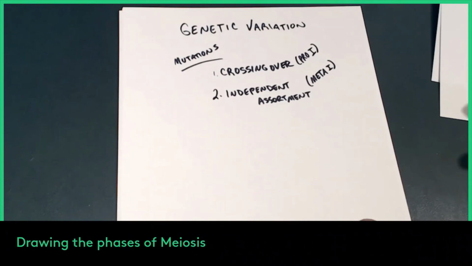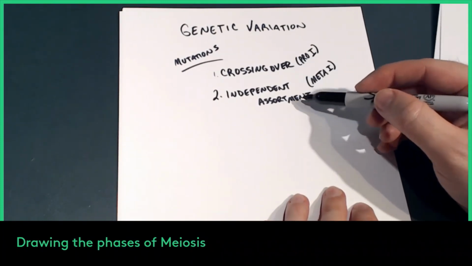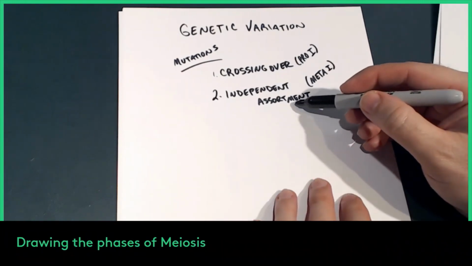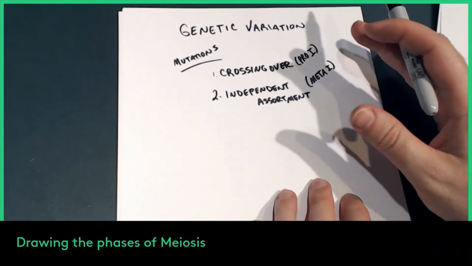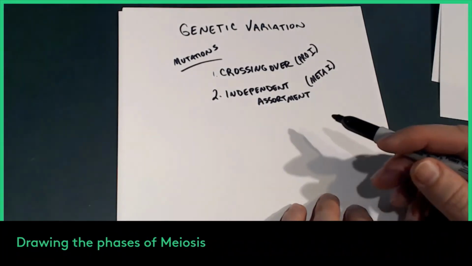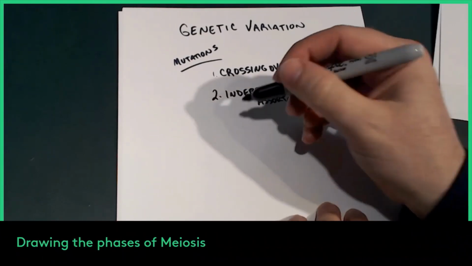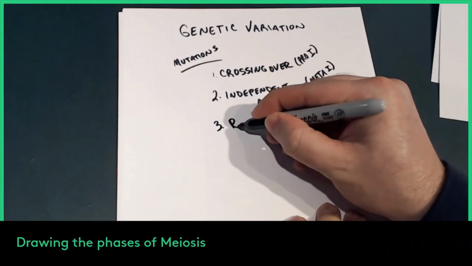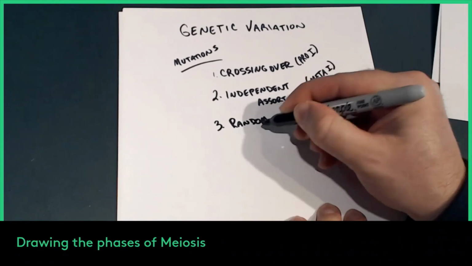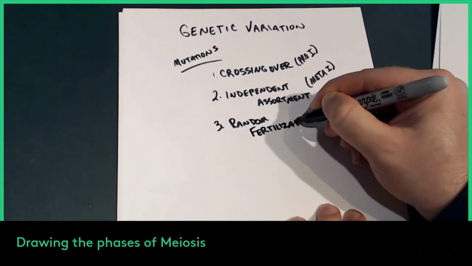If you really have a 1 in 8 million shot, forget crossing over for a second, but if you have about a 1 in 8 million shot of creating a specific gamete, right? Well, don't forget, this whole thing is for sexual reproduction, right? So number 3 is random fertilization.